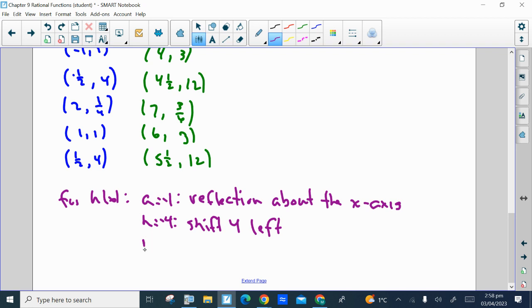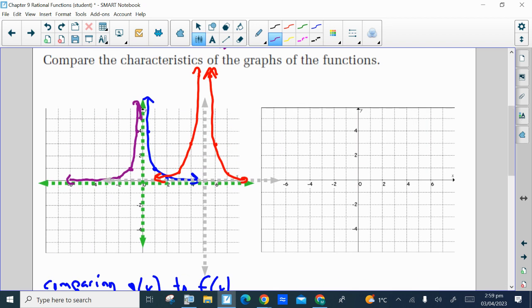And we have a k value of +6, which means it's going to shift up 6. Okay, so that goes on the second graph.